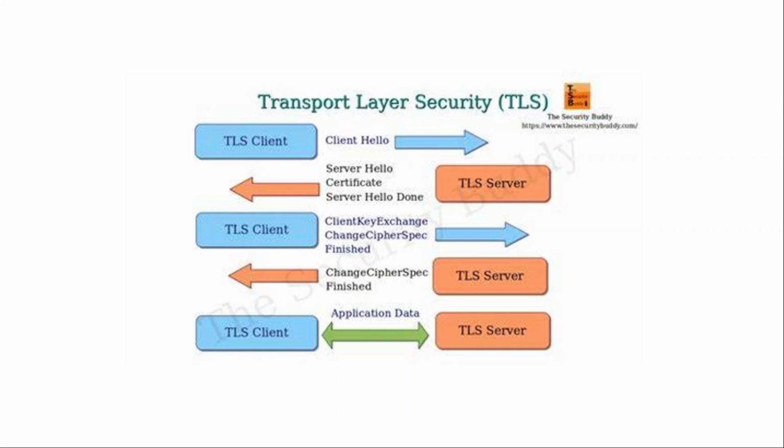The CA digital certificate contains the public key of the server. Now the client first verifies the digital certificate, whether it is authentic or not, and whether it trusts the CA that has signed that certificate.